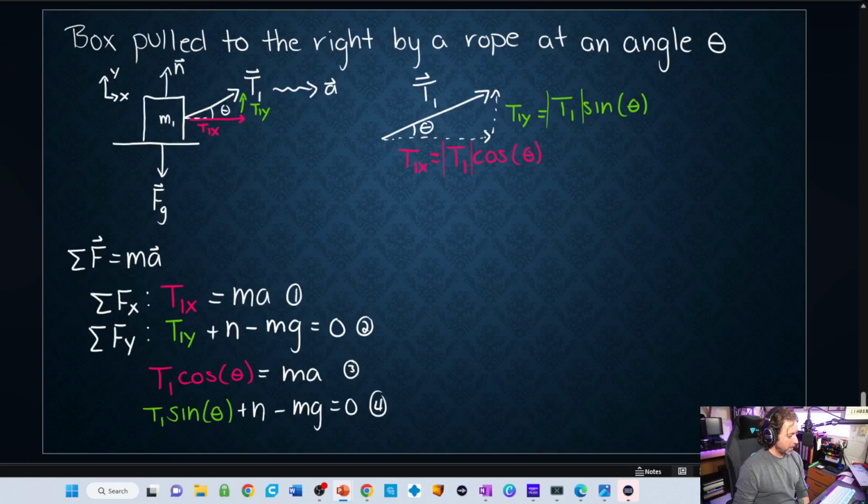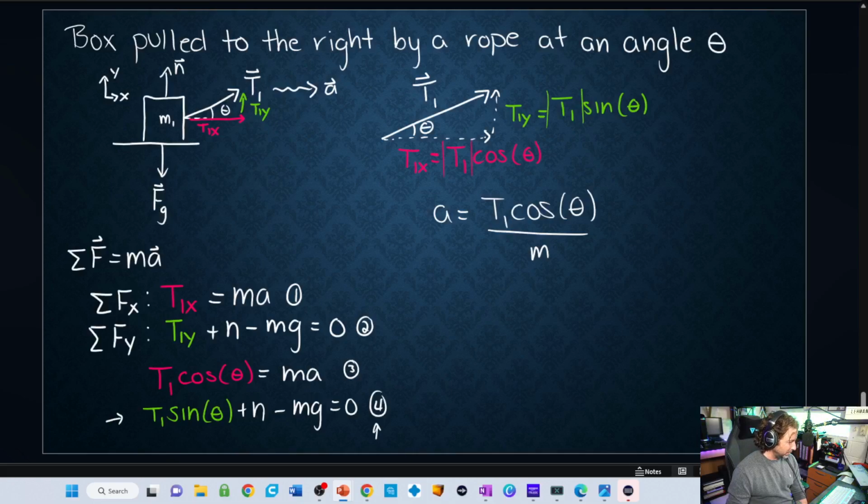So let's see. If we want the acceleration, acceleration is going to be equal to T1 cosine theta over M. Well, if I didn't give you T1, we can eliminate it by solving equation number 4, this one right here, for T1.